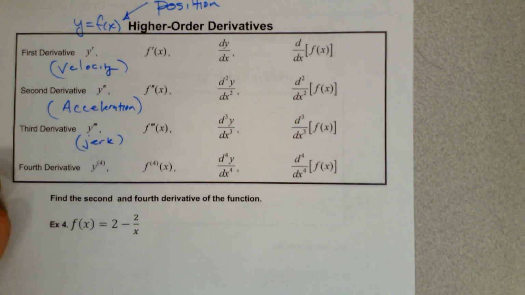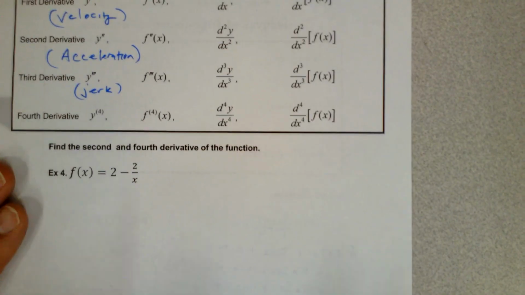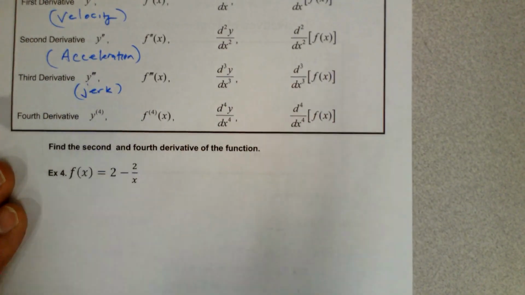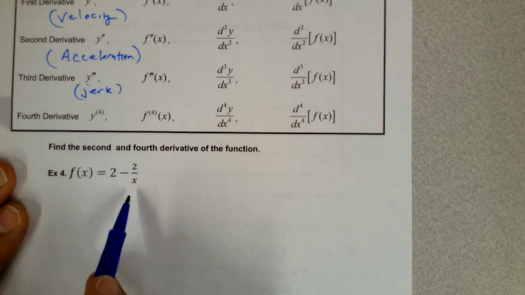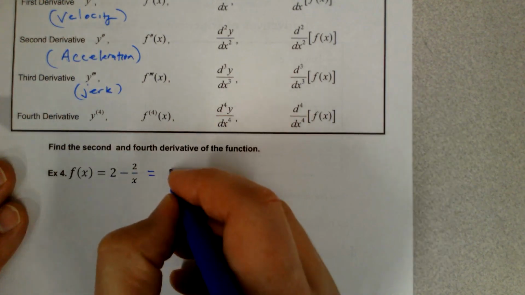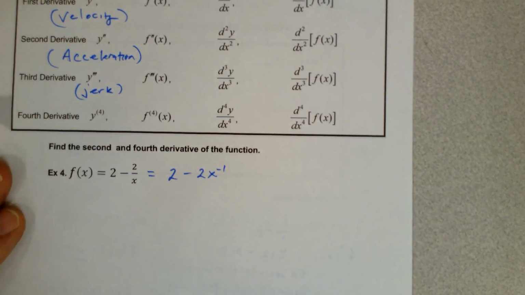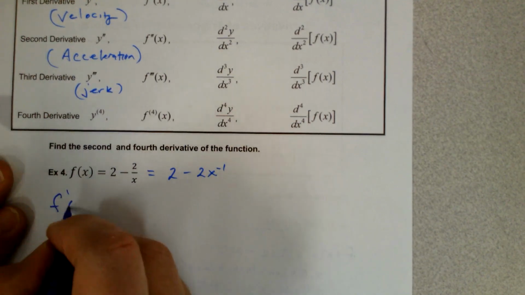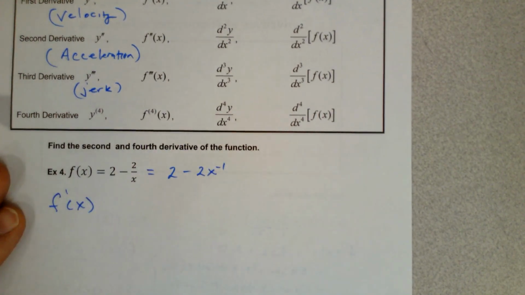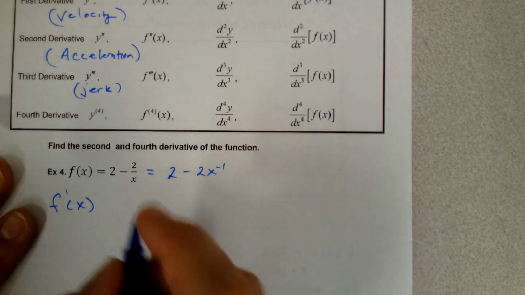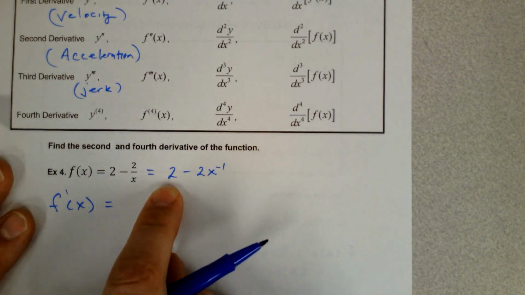All right, so example number 4 asks us to find the second and fourth derivatives of our function. The way this is set up, I would probably just rewrite it. So it's 2 minus 2x to the negative first. That's our function. Now I'm going to find the derivative of that. The derivative of 2 is 0.